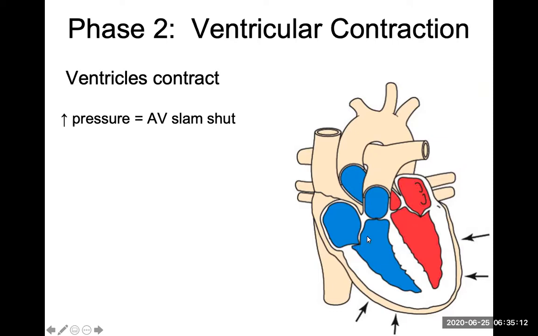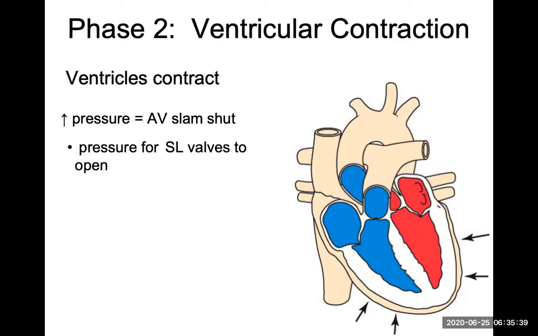The right AV valve is called your tricuspid valve, and your left AV valve is called the bicuspid or mitral valve. When these AV valves slam shut, that's what the doctor listens for with the stethoscope. He's making sure these valves slam shut all the way so that no blood is going back the way it came from.